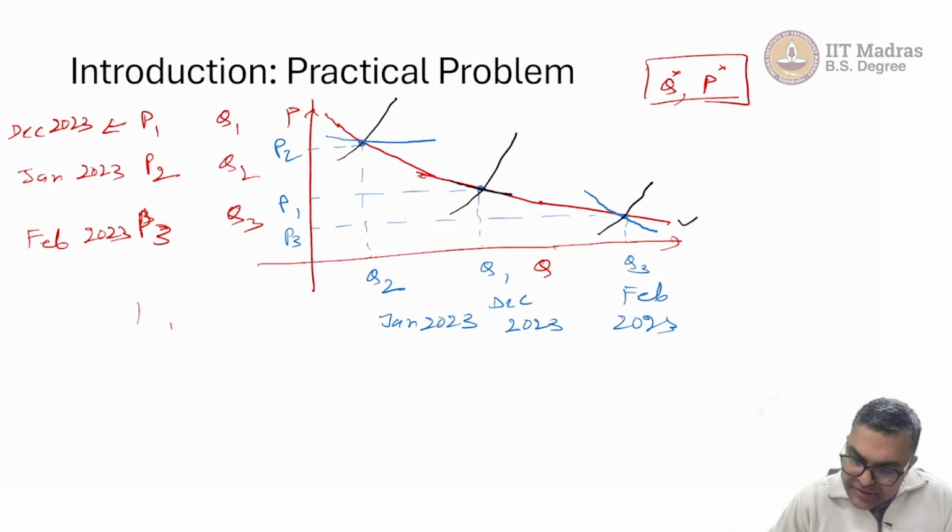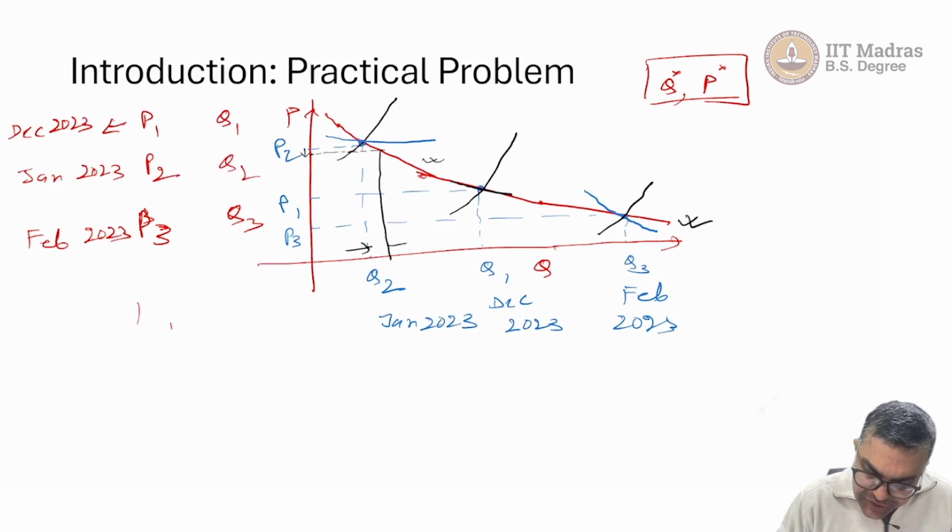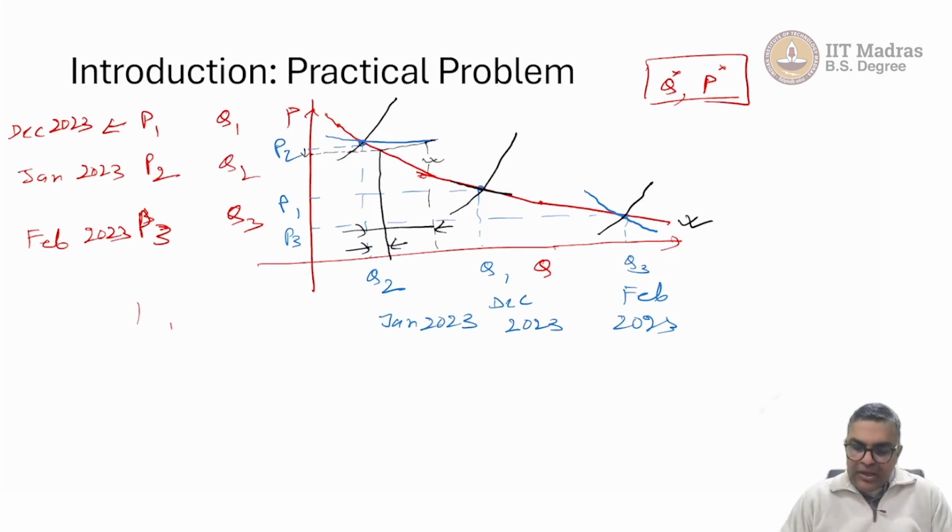So, if you use this red line as the demand curve, and you are talking about variation here, of course, if the price decrease is this much, but if you are using the red curve, you would expect that the change in quantity demanded is only this much, but in practice, the change in quantity demanded is much larger, this much. So, what is happening?